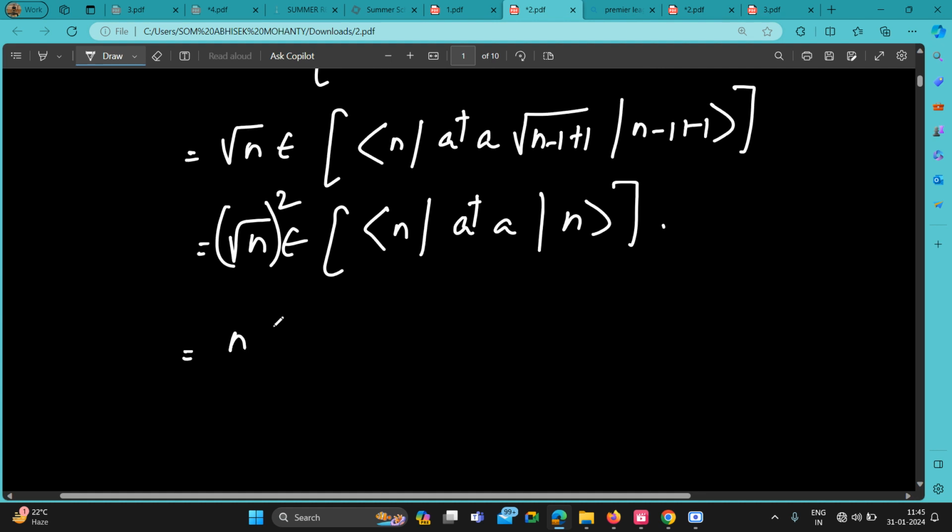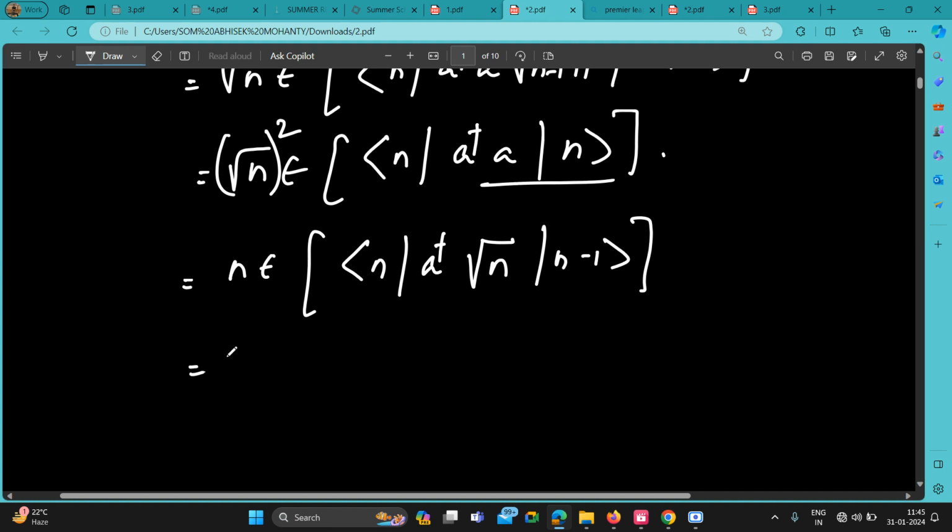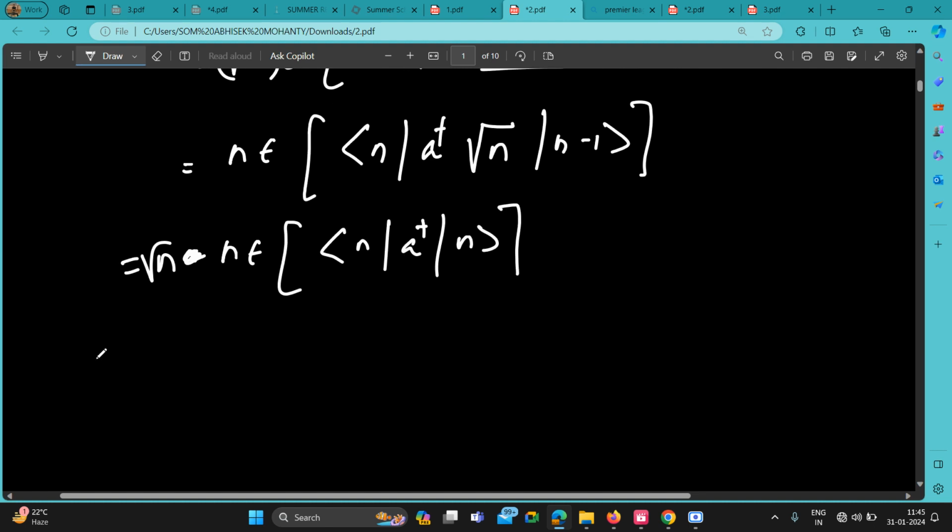So now n epsilon. Again, I will operate this a dagger, which gives n minus 1. I will take this out. Now only a dagger n is left.